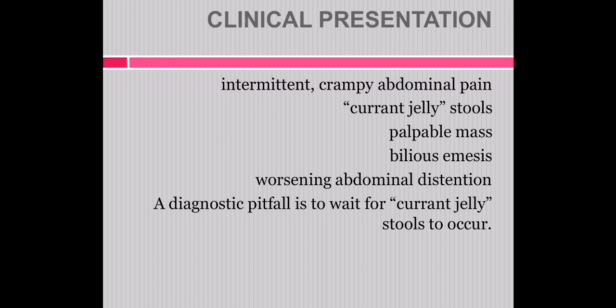The baby's age is usually from 3 months to 3 years old, and the peak incidence is 6 to 18 months old. Usually it's a male, firstborn baby. When the intussusception occurs, the baby will complain of intermittent, crampy abdominal pain.